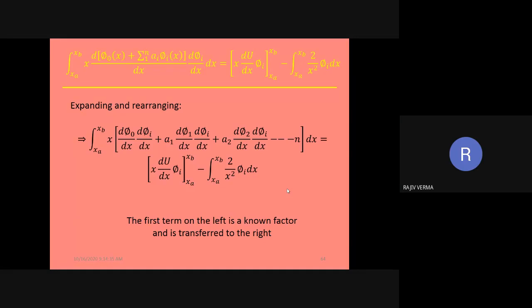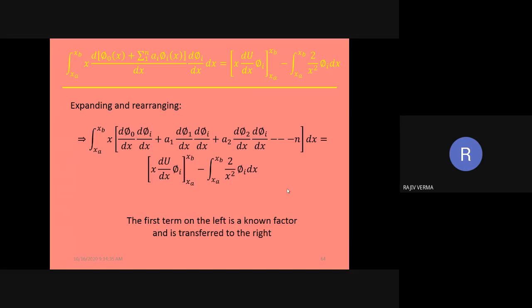Now, in the equation on display, the terms such as a1, a2, which obviously are the unknown terms, appear in the equation. But there is a first term on the left which does not contain any a. So that term obviously is a known quantity.